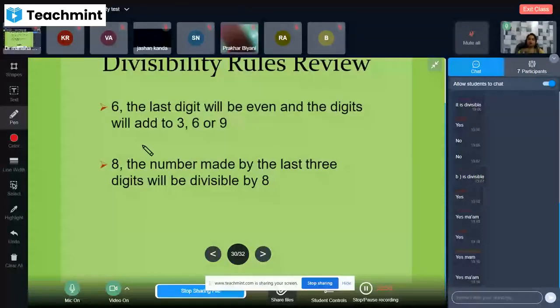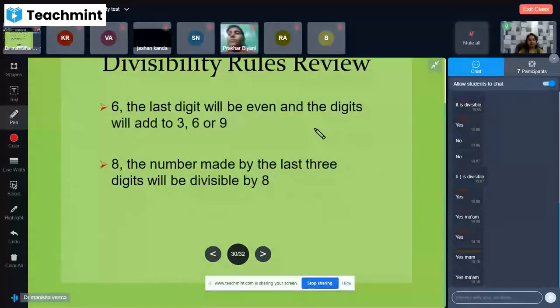Then we come to 6. For 6, we need to check whether the number is divisible both by 2 and 3. When the number is divisible both by 2 and 3, the number is said to be divisible by 6, right?